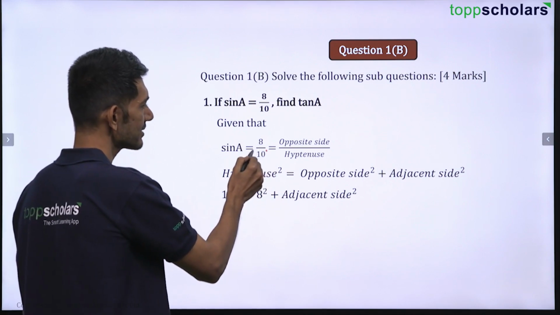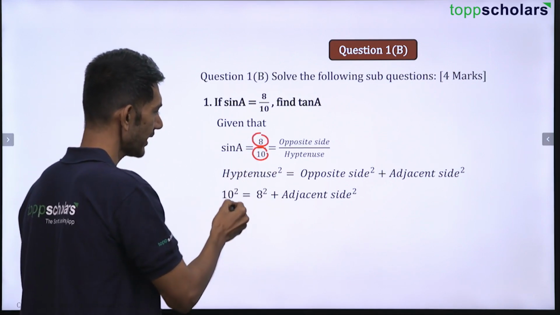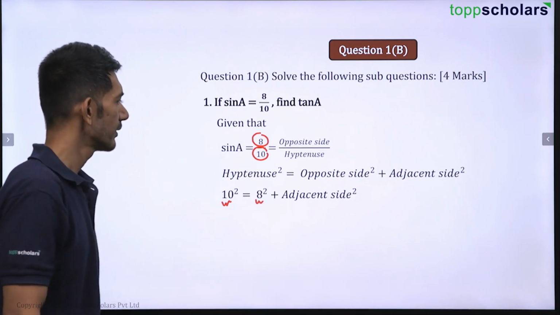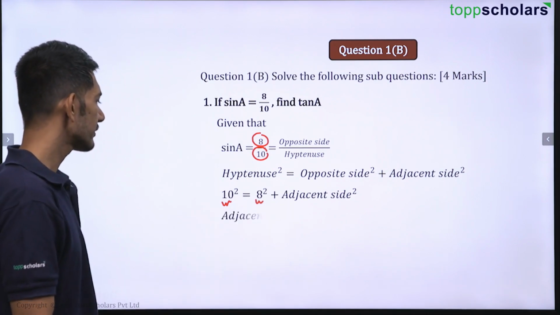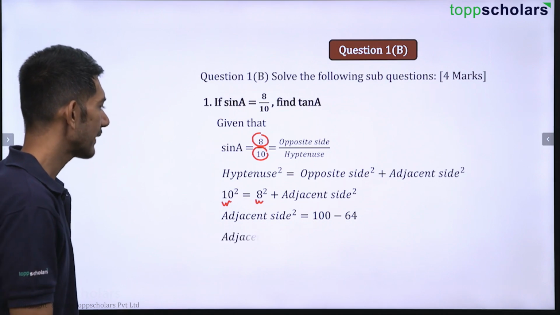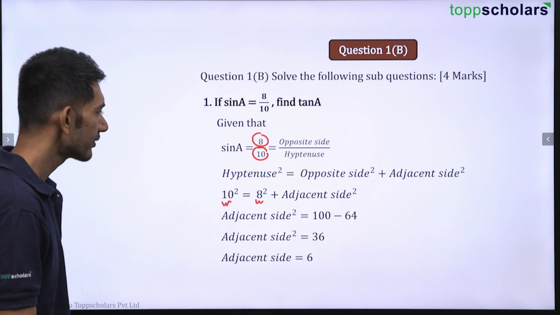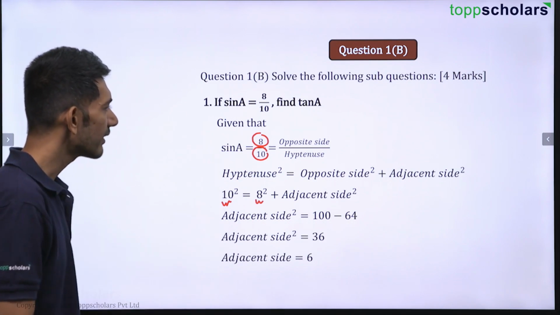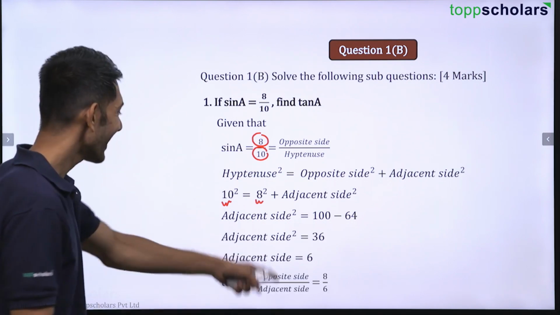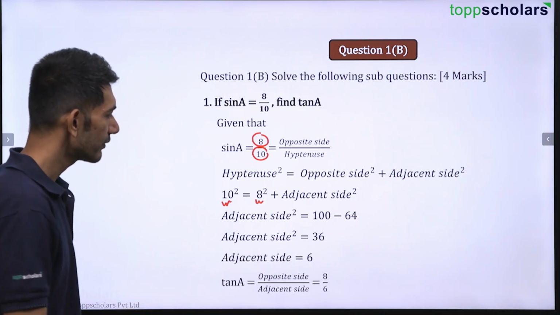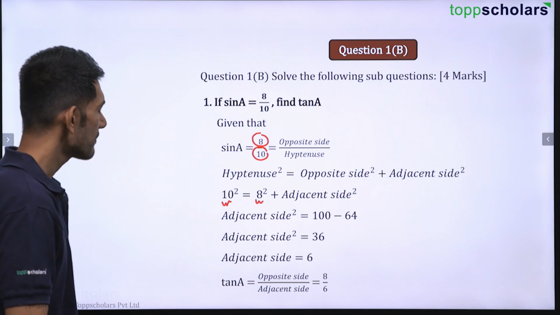See, basically this is 10, this is 8, right? And then you solve this further. This is 100 minus 64, and that gives you 36. So once you get the adjacent side as 6, now you know tan is nothing but opposite by adjacent, 8 by 6. And if you want to solve it further, you can also write it as 4 by 3. And that is your final answer.